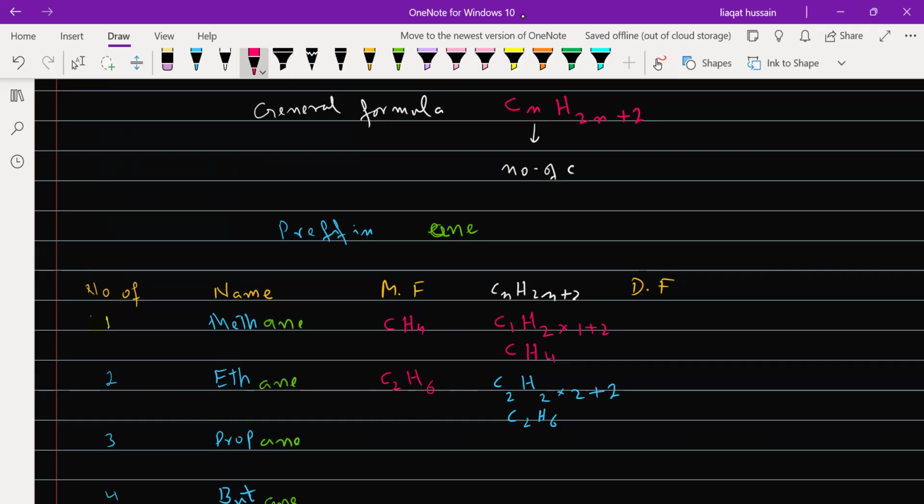Propane: if we put the carbon number 3 in this formula, carbon 3, and hydrogen will be 2 multiplied by 3 plus 2. This will become C3H, 2 threes are 6 plus 2, 8. So its molecular formula will be C3H8.